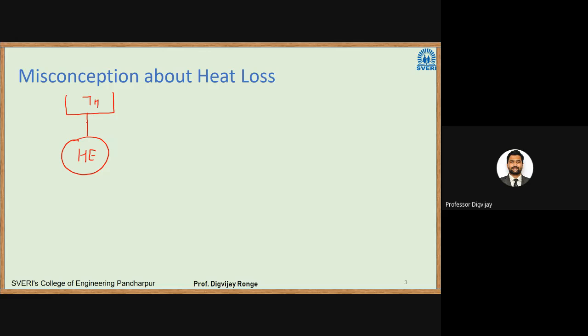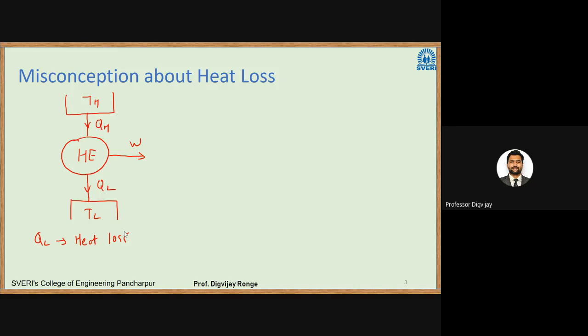Suppose the source is at a higher temperature; it takes the energy QH, then does some useful work. Then some amount of energy is released to the sink, which is at temperature TL. It releases QL amount of energy to the sink. Now in this case, for the last 2 years of engineering, you have been hearing that QL is nothing but heat loss.